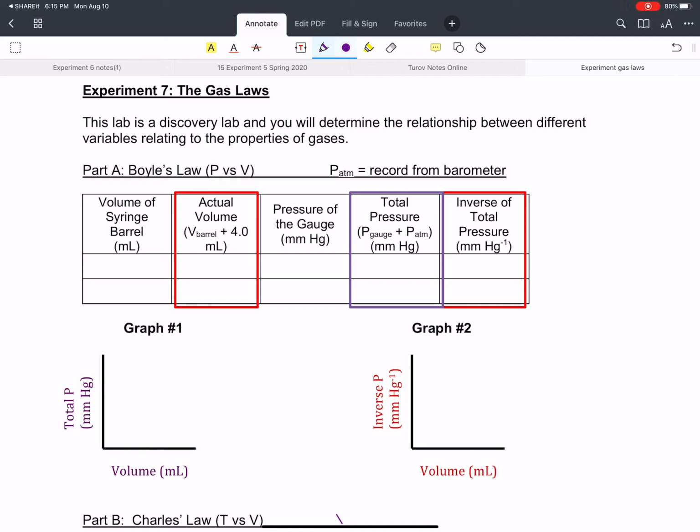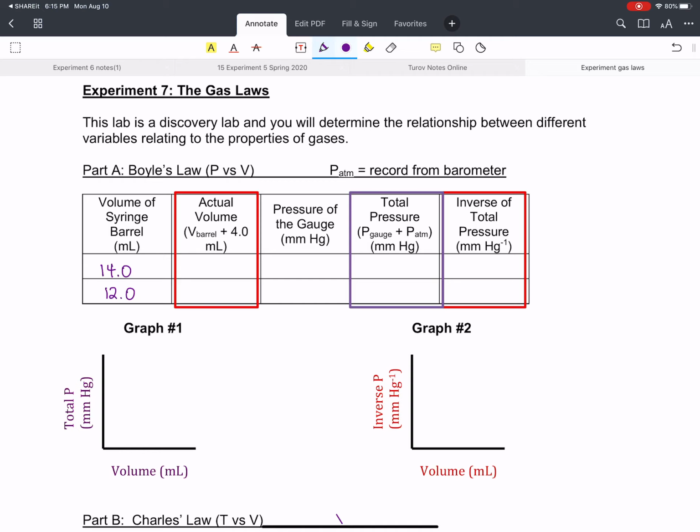So we'll start with a description of Boyle's law. For Boyle's law, you'll be given several different volumes of the syringe barrel. Here I'll just show you 2 of them as an example. So let's say the volume on the syringe barrel was 14 milliliters and then 12 milliliters.